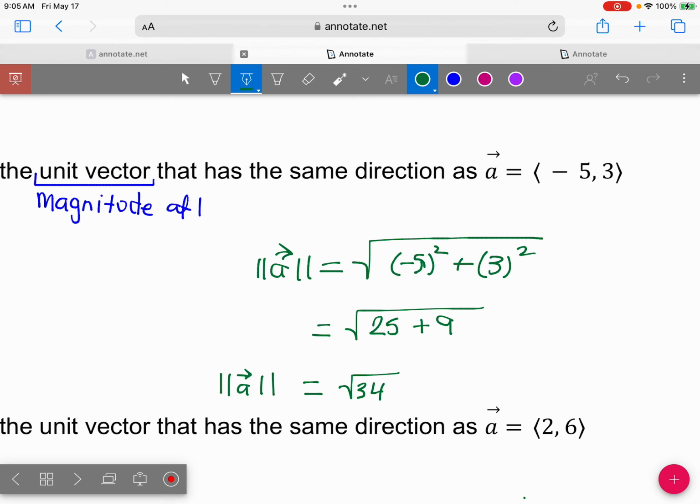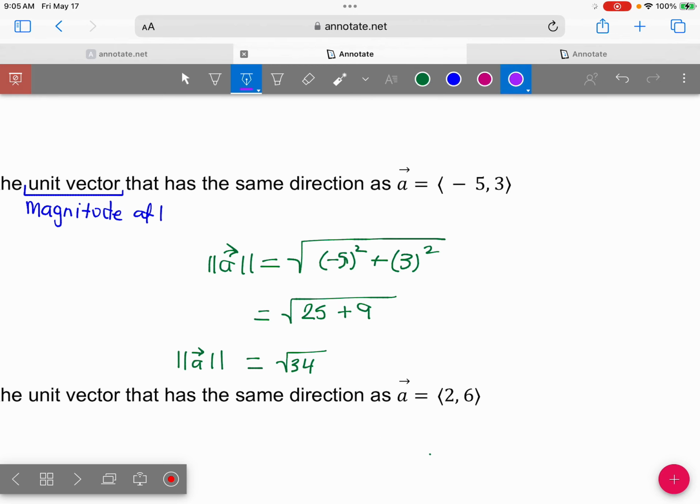So to find a unit vector that goes in the same direction of A, what we're going to do is we are going to take and multiply our whole vector, the -5 comma 3. And just like we were thinking for that line segment, we would divide it into 12ths. I would divide each term by the square root of 34.